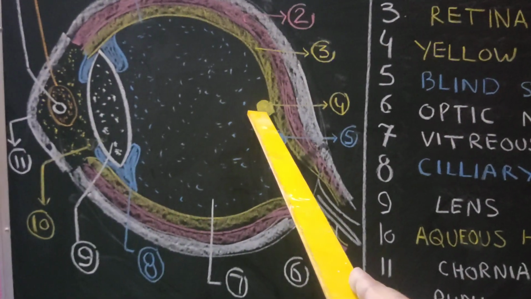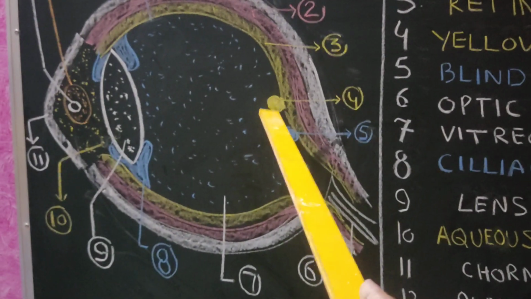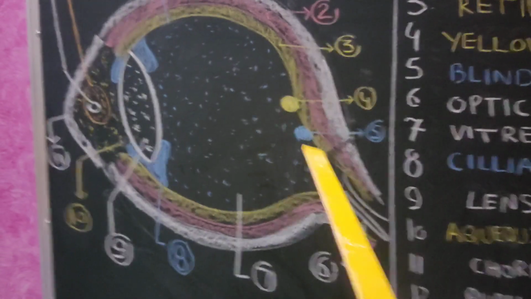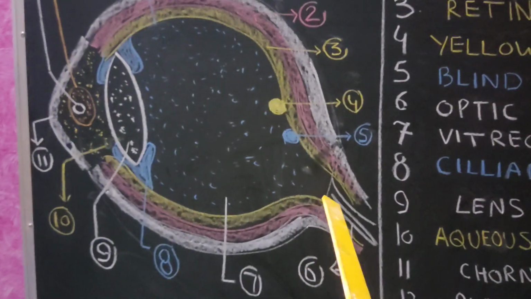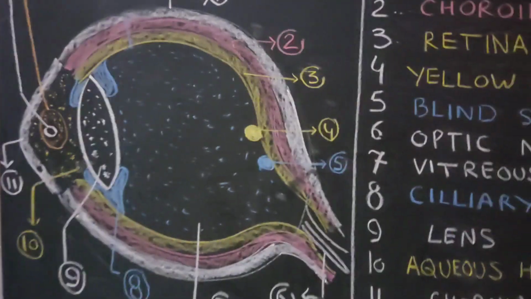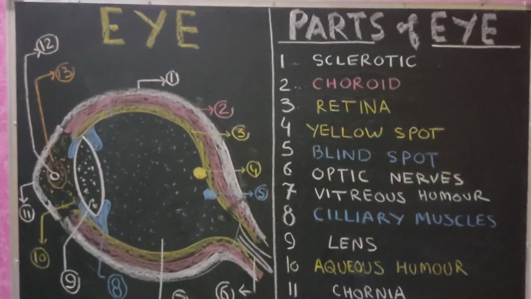If the image is formed on the yellow spot, we can see that object clearly. If it is distorted and falls anywhere other than that point, we can't see the image. The message of the image is conveyed to the brain, and the brain gives us the sensation of the object. So I hope this topic of the eye is clear to you.